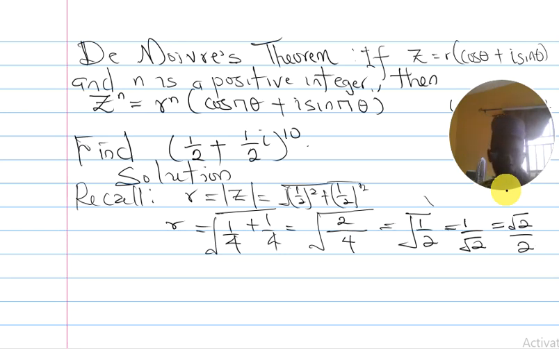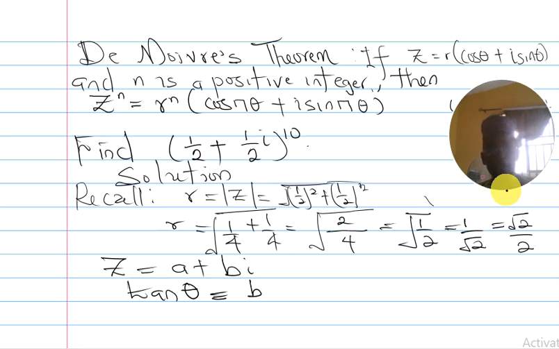Now let me find the angle. Recall that we have z equal to a plus bi. Now I want to calculate tan theta, which is b over a. My a is 1/2, and similarly my b is also 1/2.